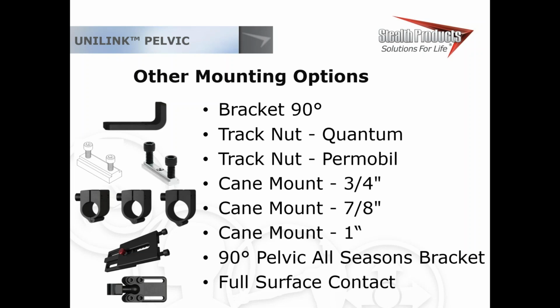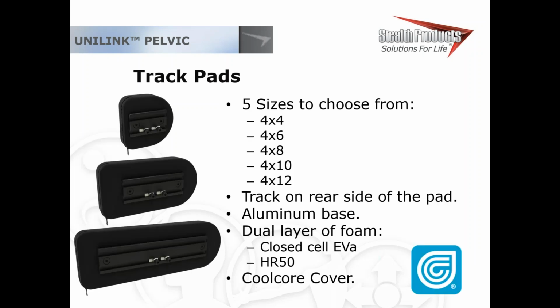We'll have cane mounts that wrap all the way around the tubing in 3/4, 7/8, and 1 inch. And then we also have our 90-degree pelvic all seasons bracket. And this pelvic all season bracket would let us slide in and out without having to get tools out. And then we have a full surface contact option.